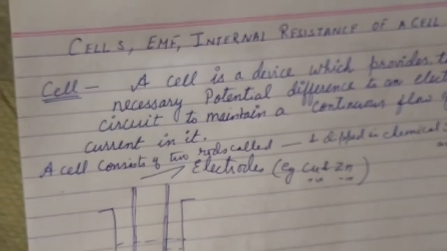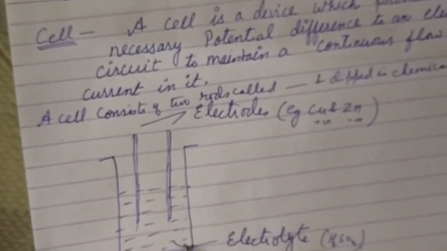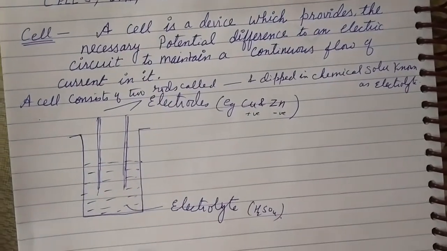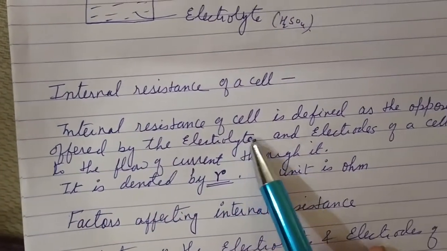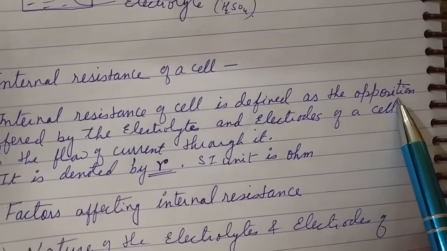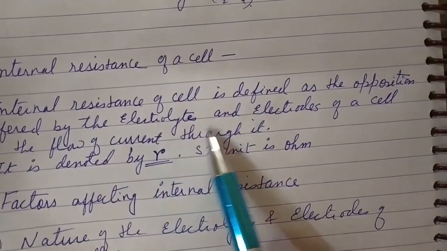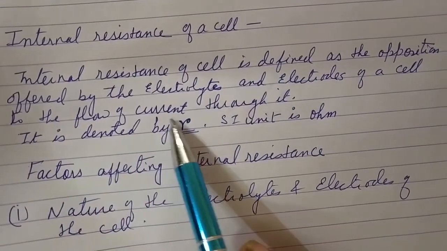H2SO4. Now, what is the meaning of internal resistance of the cell? Internal resistance of the cell is defined as the opposition offered by the electrolyte and electrodes of the cell to the flow of current through it.